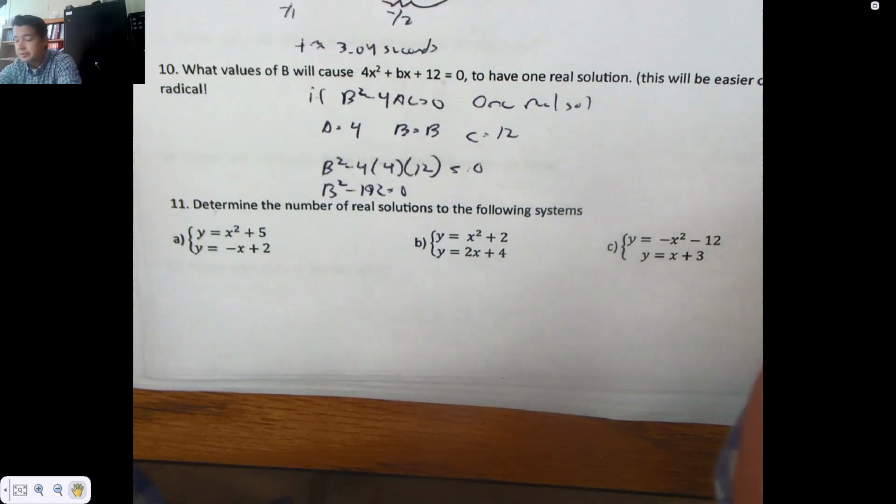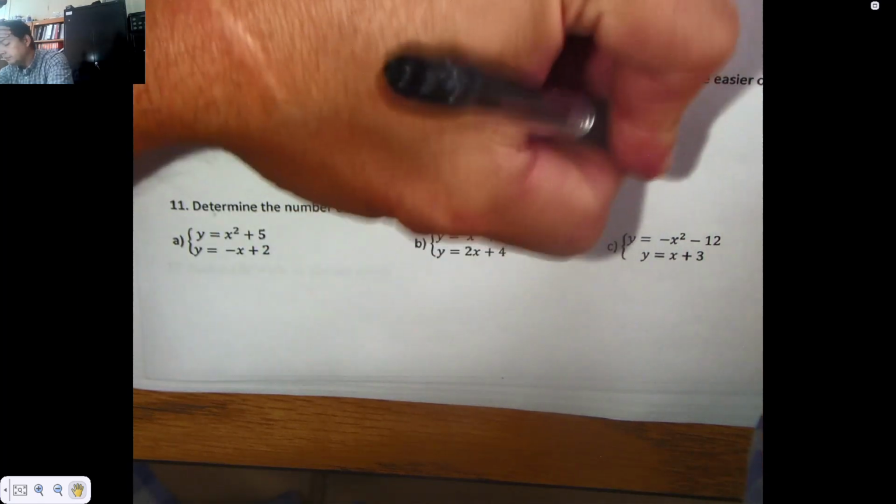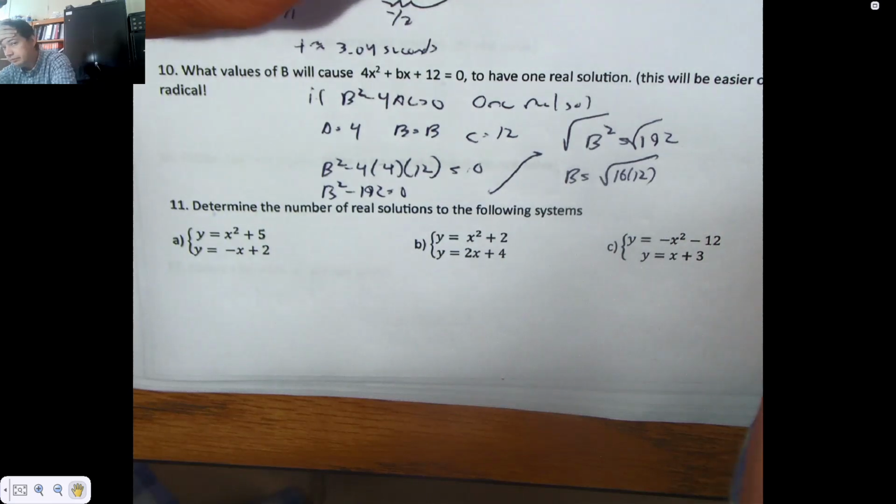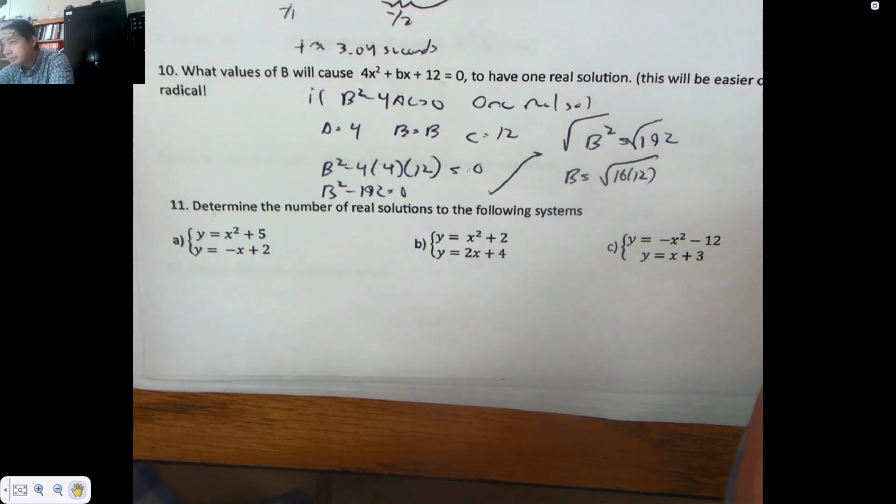This is why I said it's easier on the test. We shift right, counteract squaring by square rooting, and it took a 16 and a 12 to make that 192. And there's a better pair of factors for this. It should be 3.